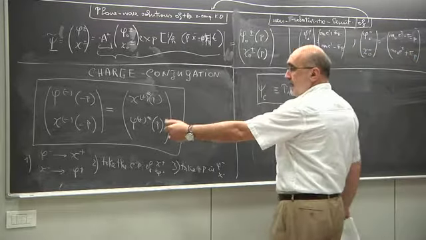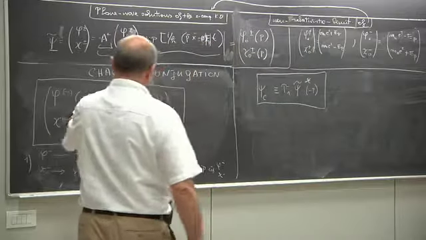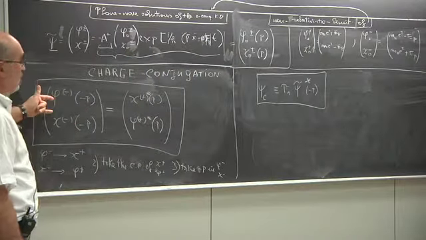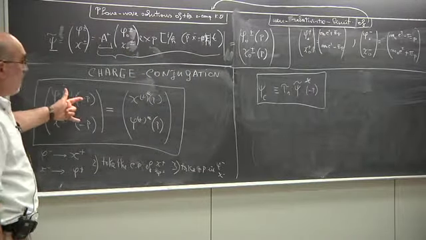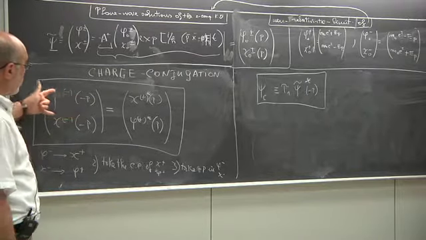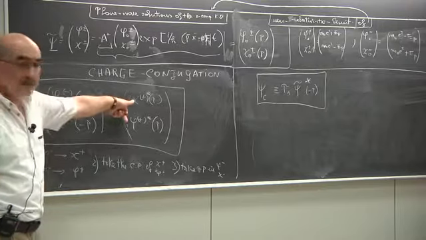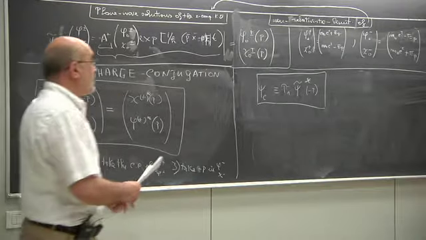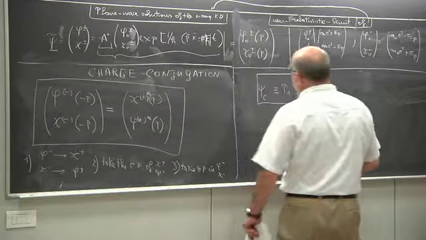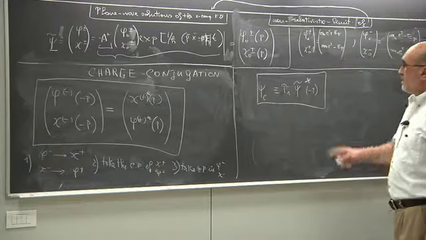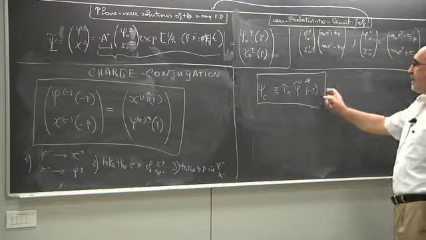You get exactly from this one, you go to this one, because first, what we have to do, take the minus pi. Okay. Second, take the star conjugate. And third, multiply by T1. You get this. Okay. So this strange object is called the charge conjugated object to this one.